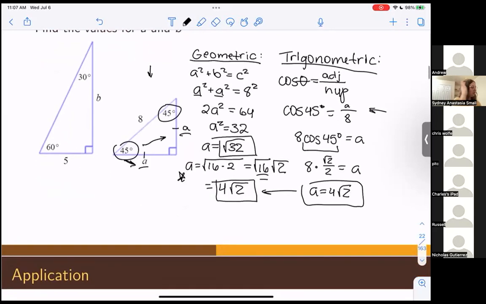Okay, now let's focus on this guy here. There is a geometric way to do it, but it's kind of messy and requires a lot more brain bending than is really necessary. It's much less intuitive than the geometric method over here of just fudging the Pythagorean theorem. So I'm just going to focus on the trigonometric way over here.